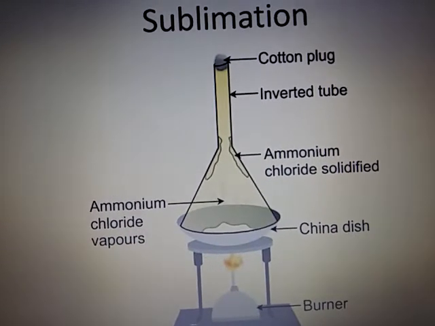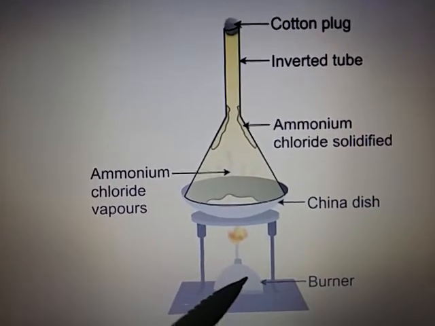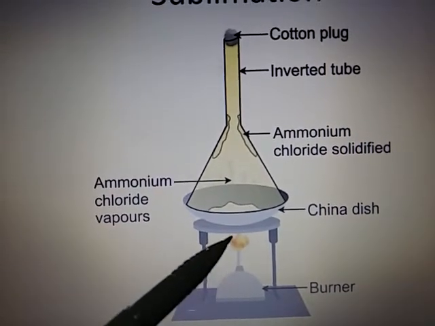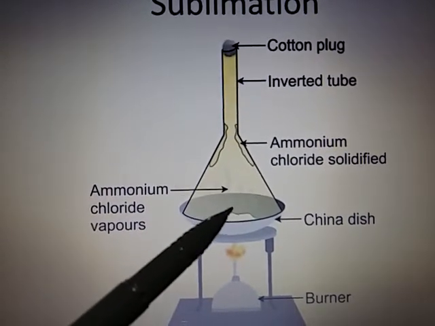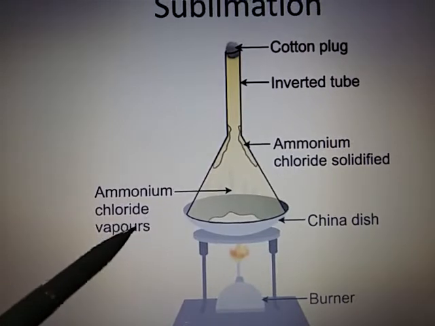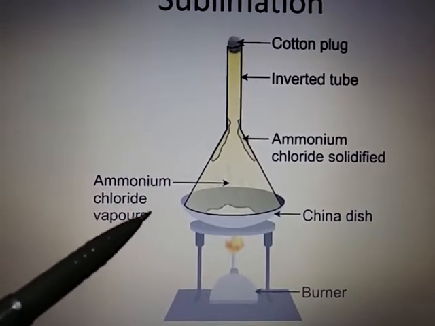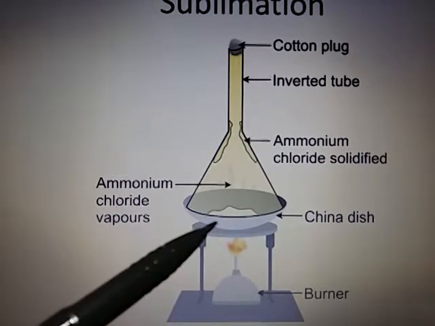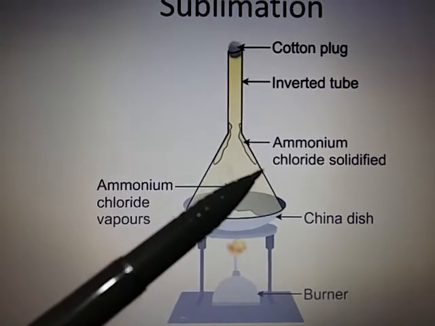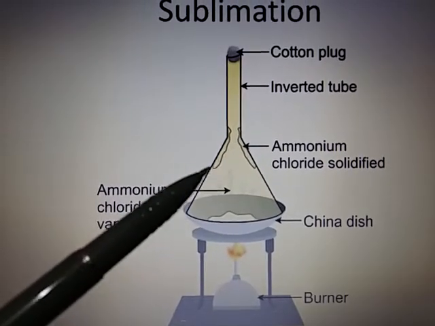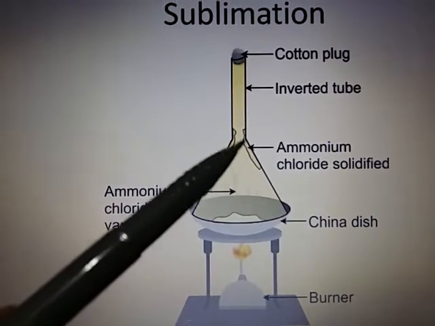And then there is a Bunsen burner, and when heating starts, slowly the ammonium chloride vapors are formed, and these vapors start condensing on this colder part of this funnel. Okay, on the upper part of this funnel.